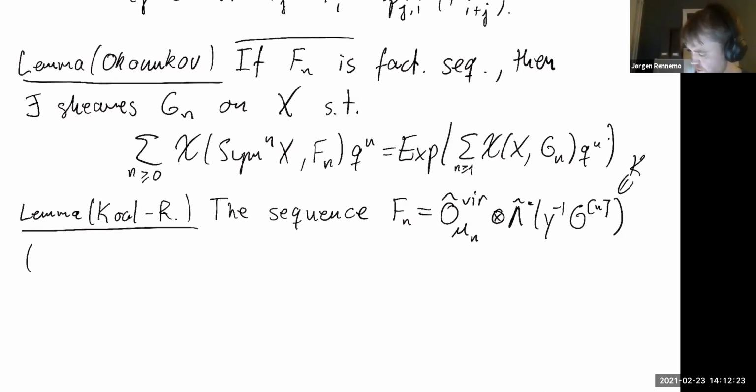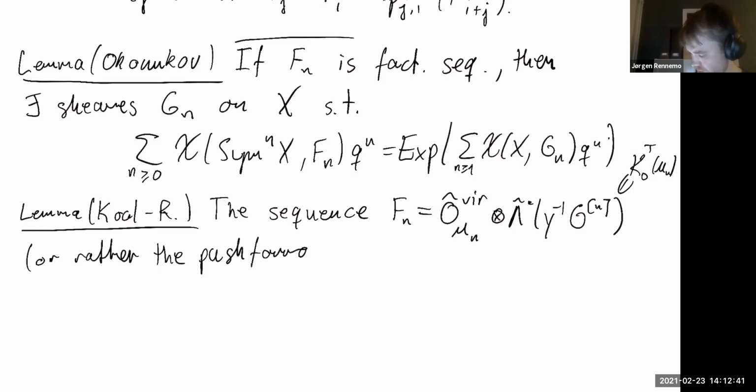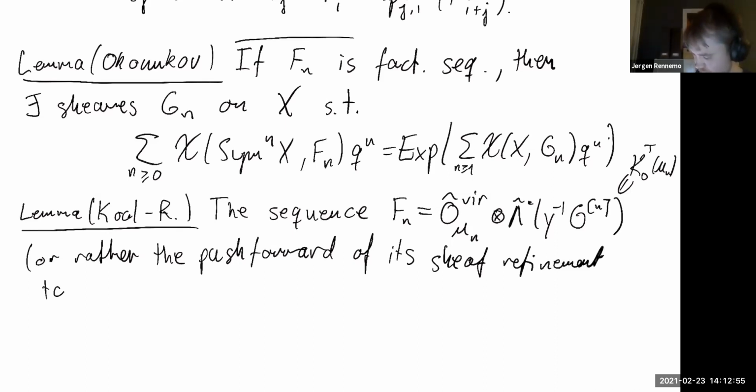It doesn't make sense to call this factorizable, or depending on your definitions at least. So what I really mean is I really want to take the push forward of its sheaf refinement to Sym^n C^4 is factorizable.